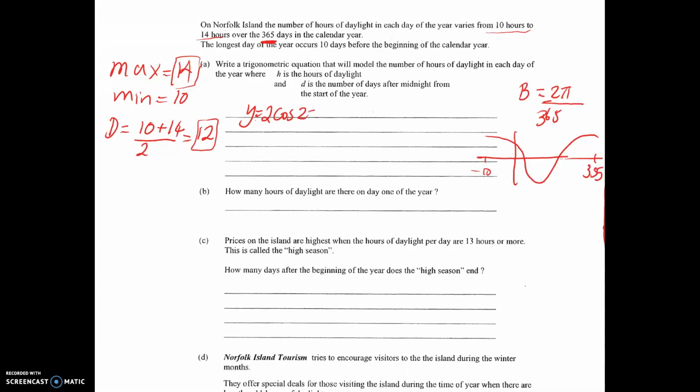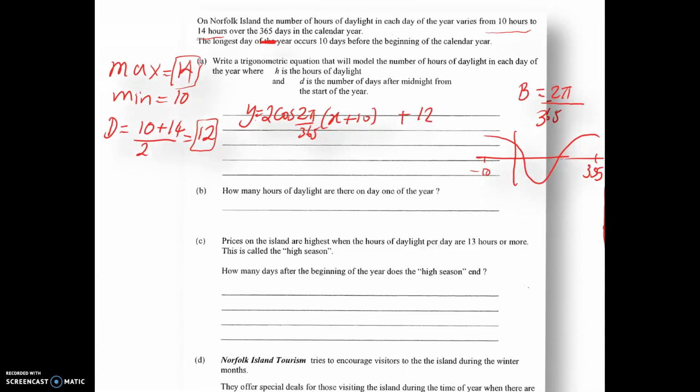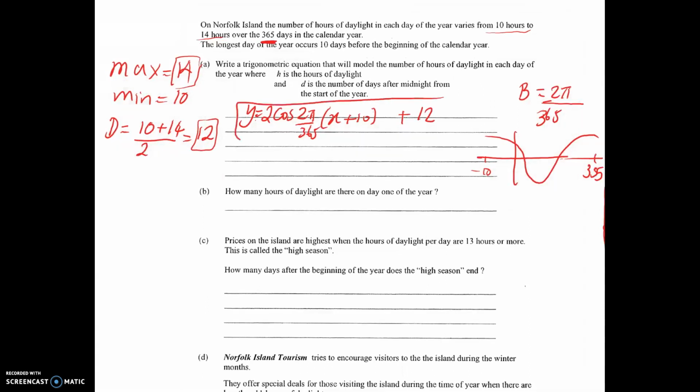So our b is 2 pi over 365 and 10 to the left, so it's going to be plus 10 here, and the mean value is 12. So there we are. That is our function.